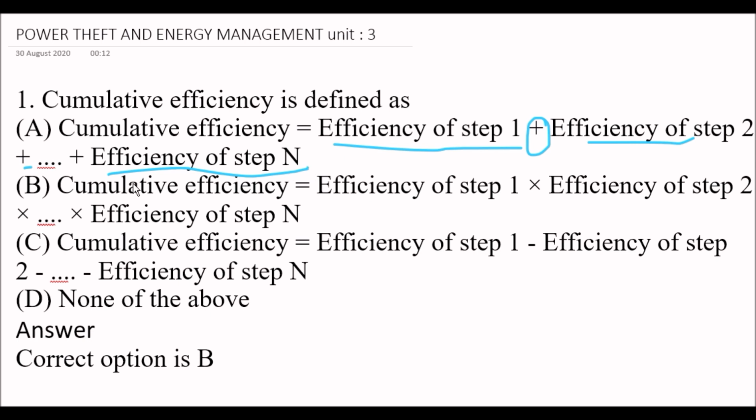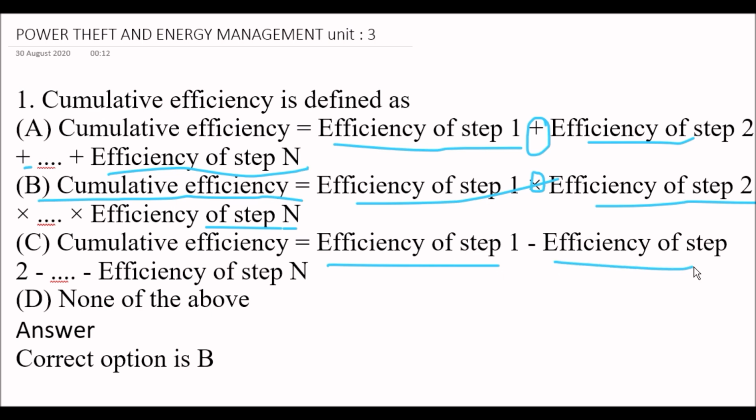Okay. Now focus on option B. Cumulative efficiency is equal to efficiency of step 1 multiplied by efficiency of step 2, and so on, up to efficiency of step n. Option C: Cumulative efficiency is equal to efficiency of step 1 minus efficiency of step 2, and so on, minus efficiency of step n.